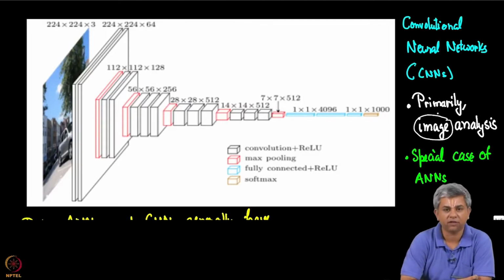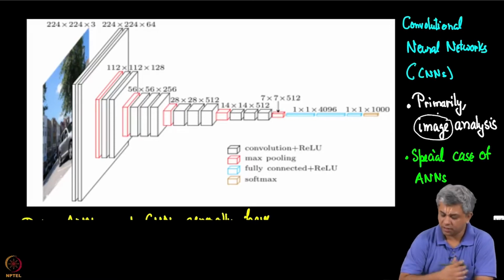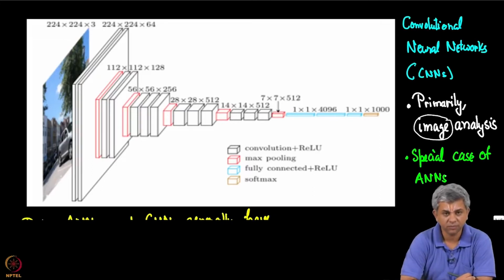So, when you have data in the form of pictures, then we use CNNs. Once again we will see applications of this. Dr. Ganapathy has shown you a few applications already in medical image analysis. We will show you a few more in proper engineering problems or science problems in a couple of weeks from now. Okay. So, we also saw that CNNs are essentially a special case of artificial neural networks.